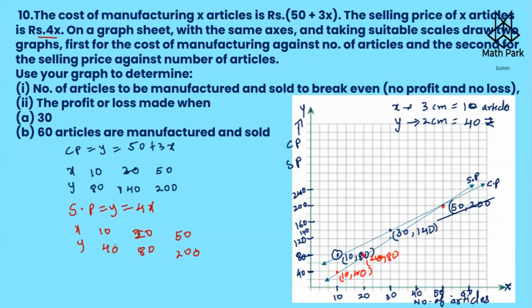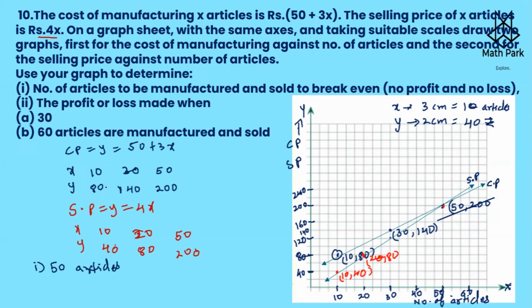So no profit, no loss is the point where both the SP and CP graphs meet. So this is the point, 50 articles. So the answer for the first part is 50 articles should be manufactured so that there is no profit, no loss.